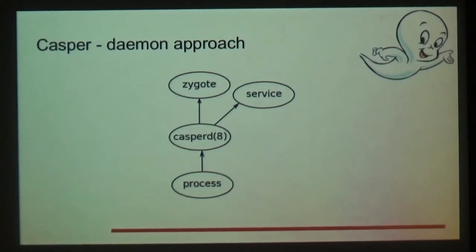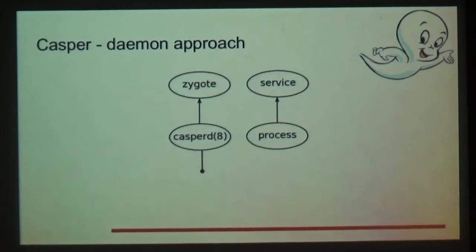After that, the service will be passed to the process, and then the communication between process and service wouldn't be considered by casperd anymore. Casperd can now wait for another process that needs some services, and the process can now be sandboxed.